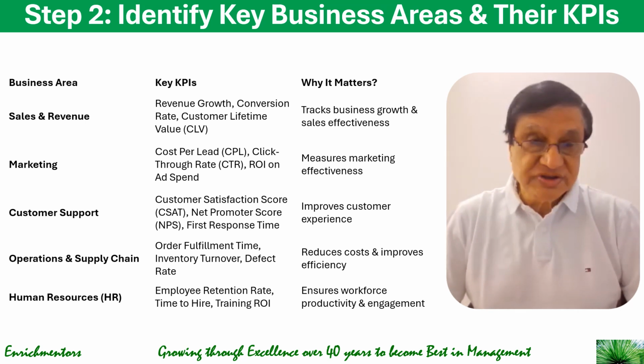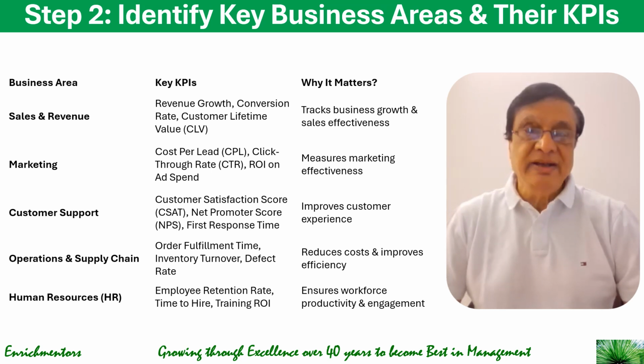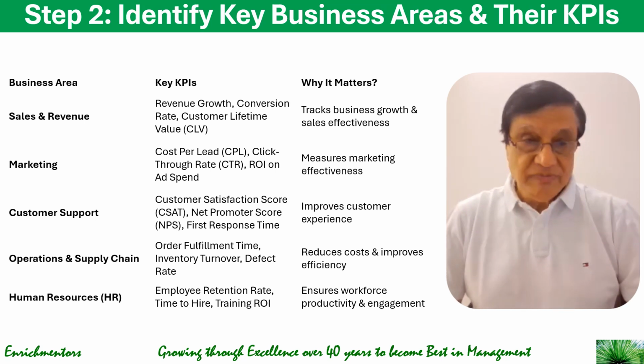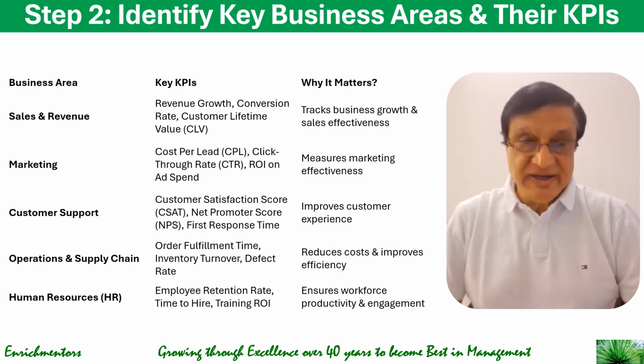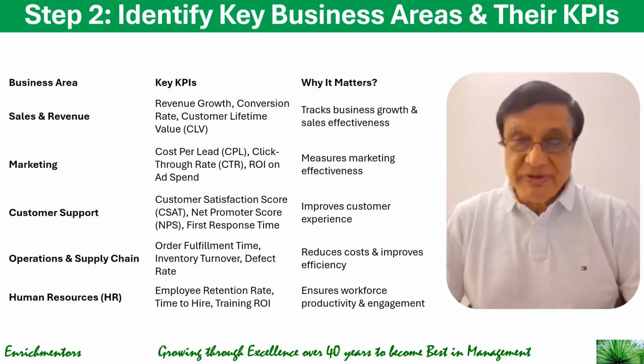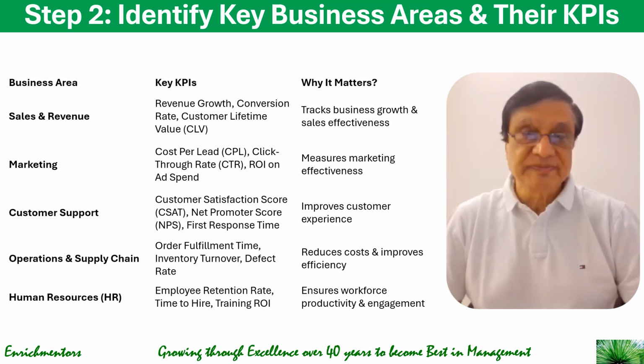And for human resources, it could be employee retention rate, time to hire, training ROI, etc., because tracking these ensures workforce productivity and engagement. Now, a retail business may track, as an example, the KPI inventory turnover rate, basically to optimize stock levels and avoid overstocking or shortages.